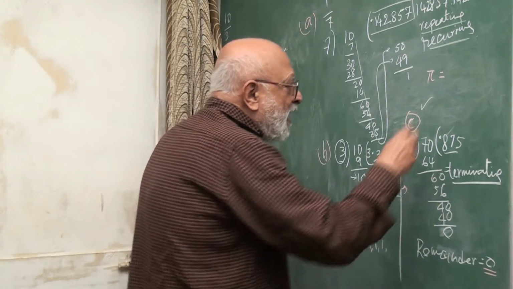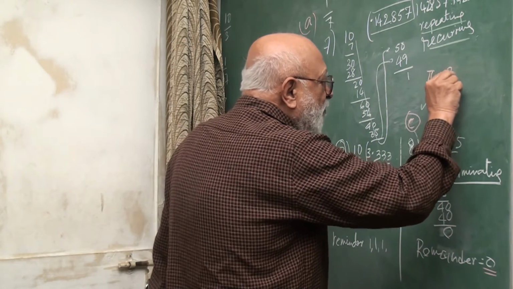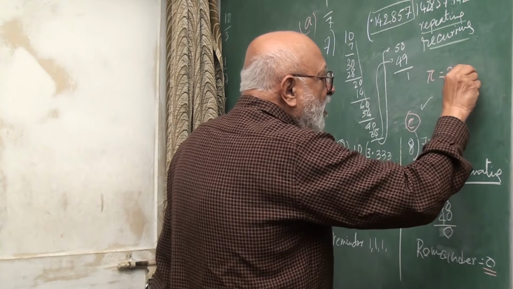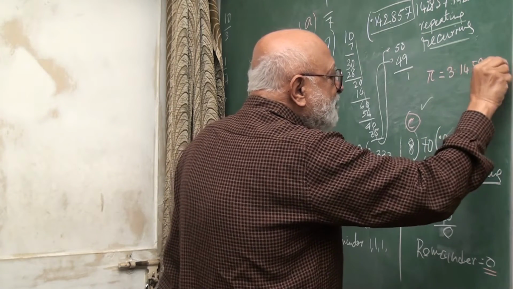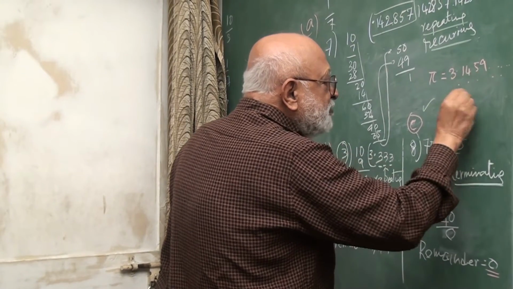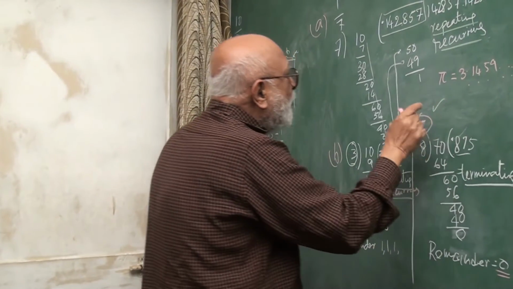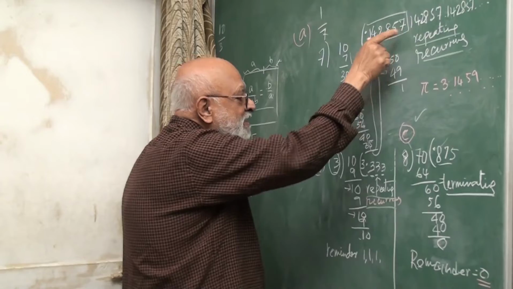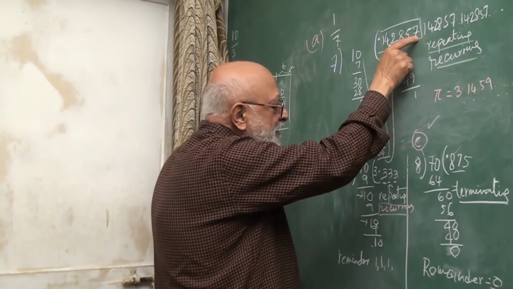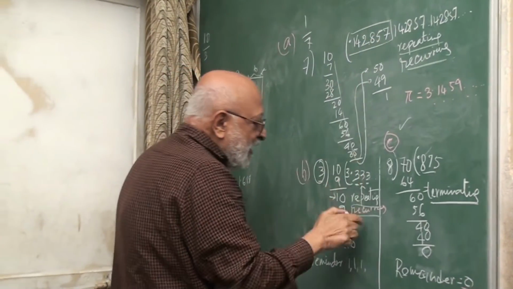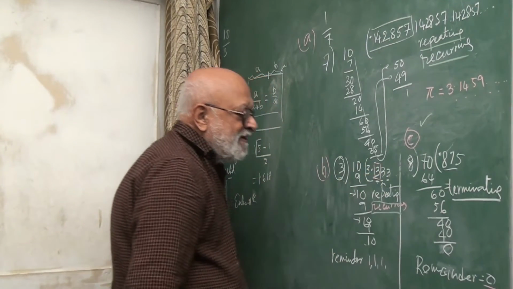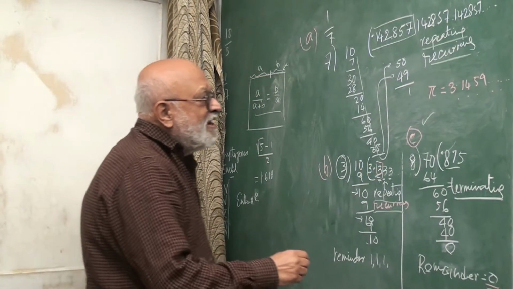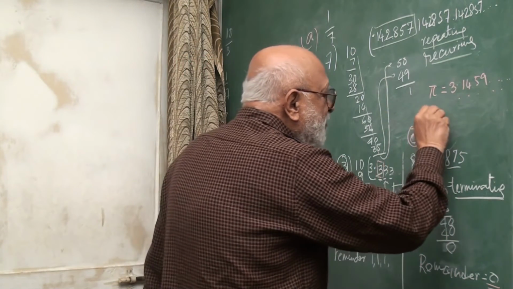For example, pi, the number 3.14159, and it keeps on going. There is not a block that keeps on repeating, like here we have a block of 3 which keeps on repeating. So in pi, this is non-repeating.